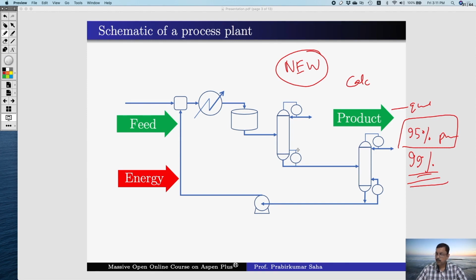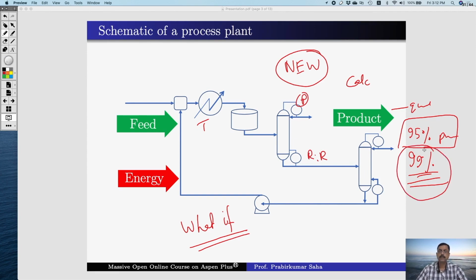So, we have to change a few things. We do not know what to change, but we have to do some what-if analysis. That means, if we change the heater temperature, if we change the condenser pressure, if we change the reboiler ratio, how far the product quality will change.